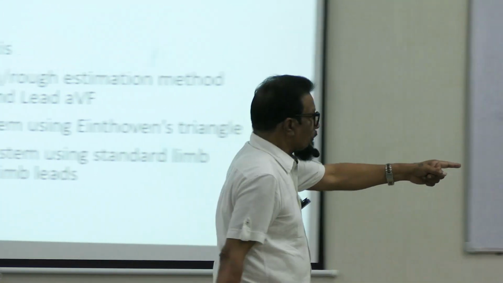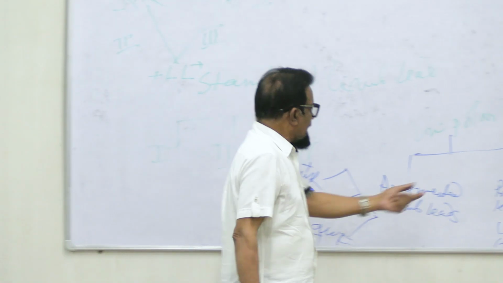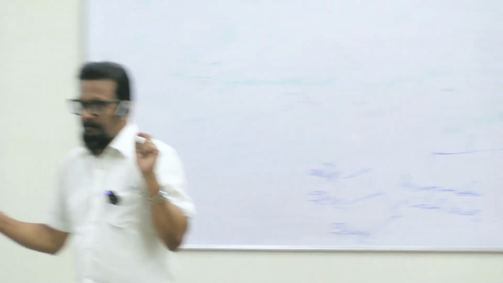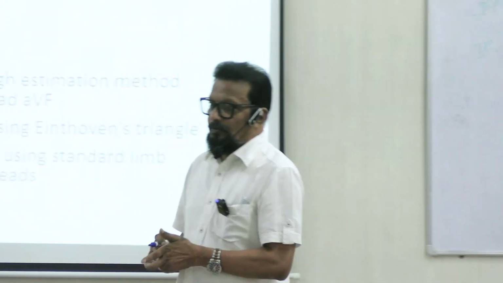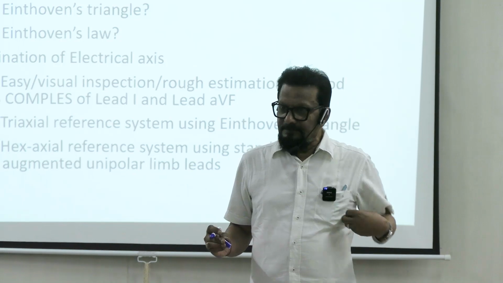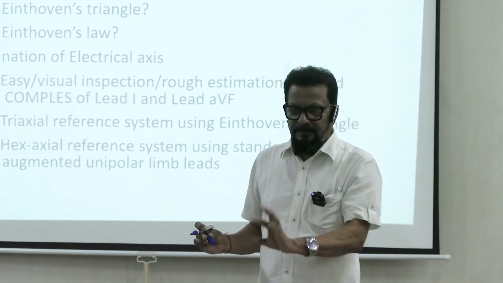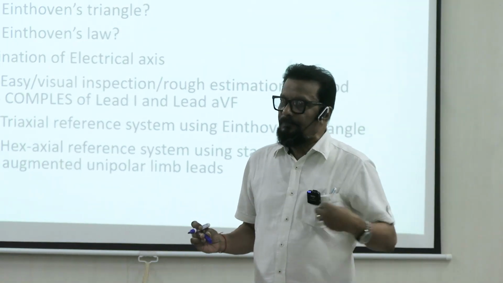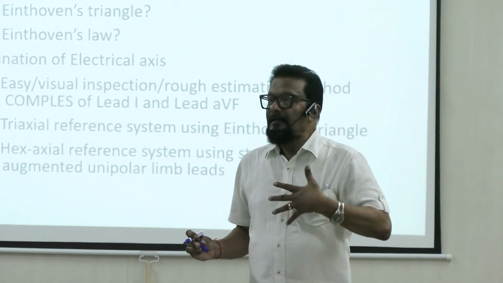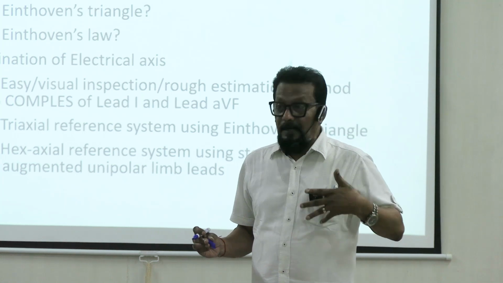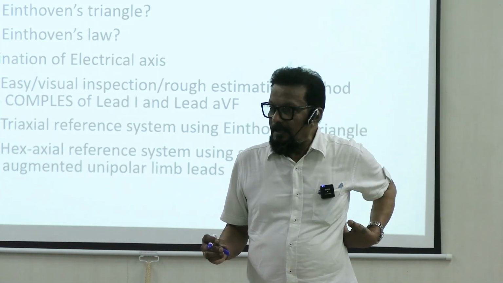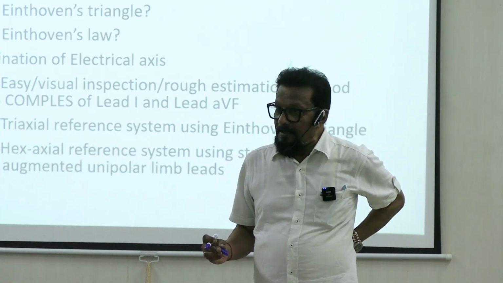Another set is the precordial leads. Here also one exploring electrode is there, another is an indifferent electrode. The exploring electrode explores my chest from different locations. There are positions, which I will not explain now: V1, V2, V3, V4, V5 and V6. These cover the anterior surface of the heart, inferior surface, lateral surface, and posterior surface of the heart.